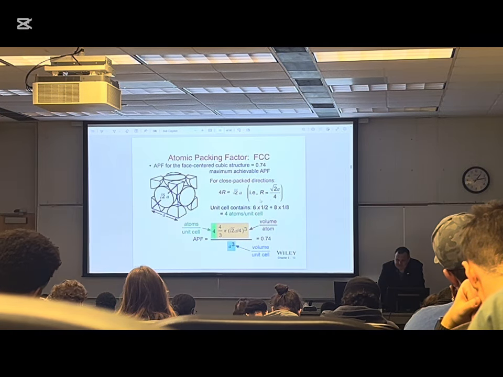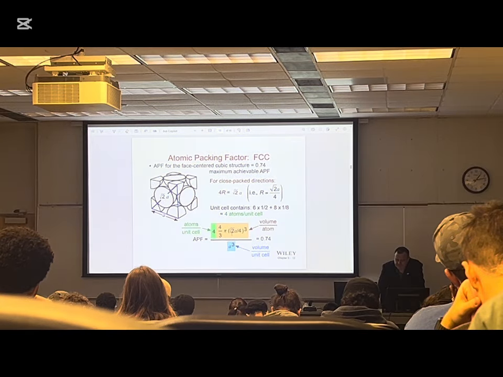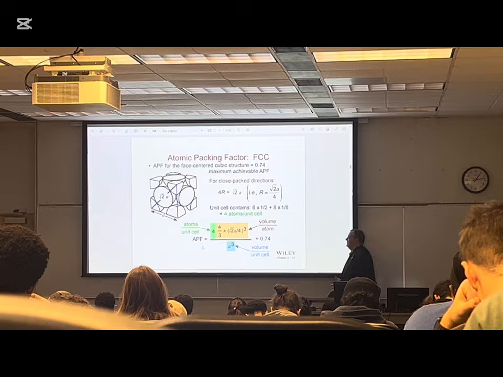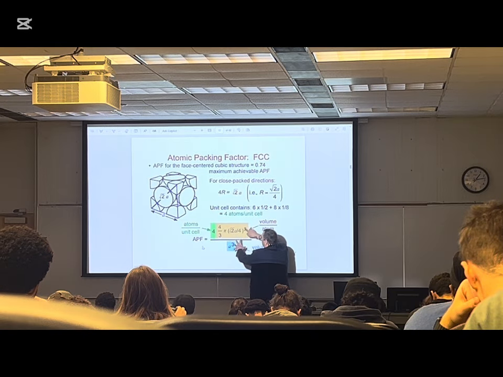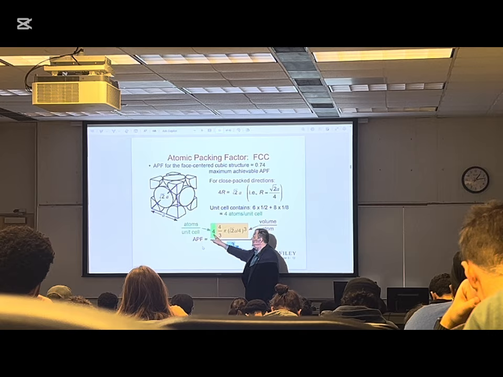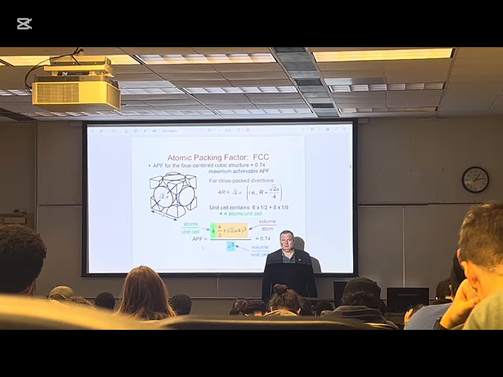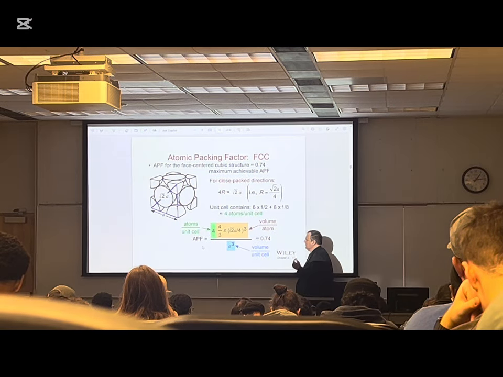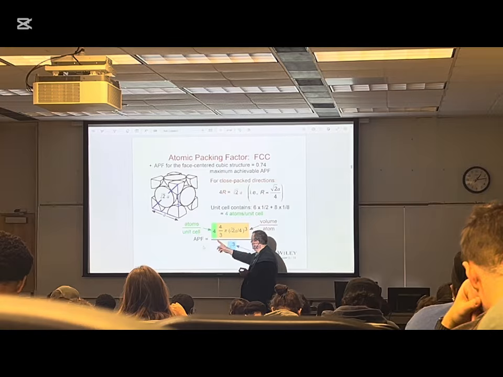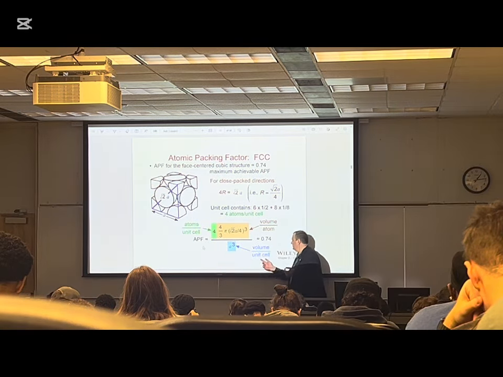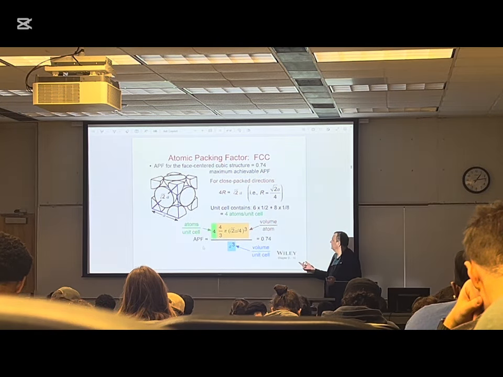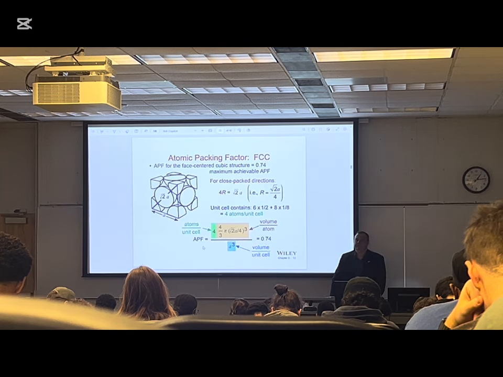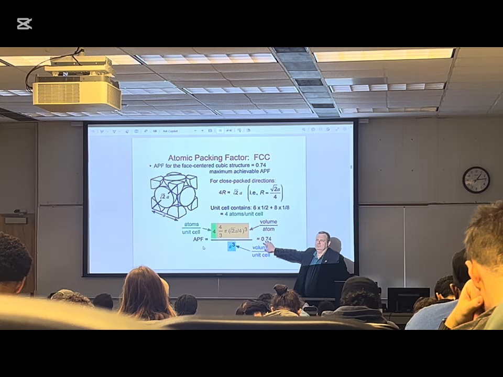And we take this and we plug it into the volume of an atom, which is 4/3 pi r cubed. And how many atoms do we have per unit cell? We calculated in the previous slide: 4. So we multiply by 4, and we divide by the volume of the unit cell, which is a to the third, and we get 74%.